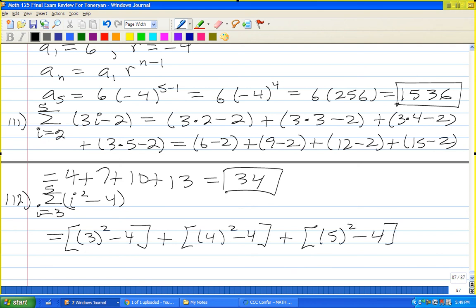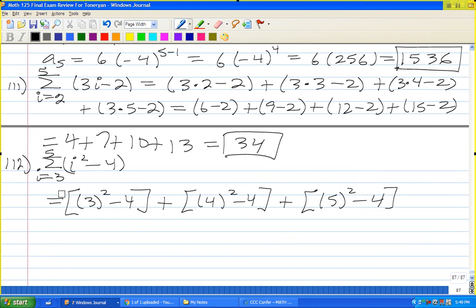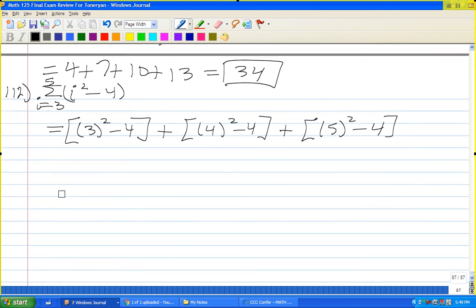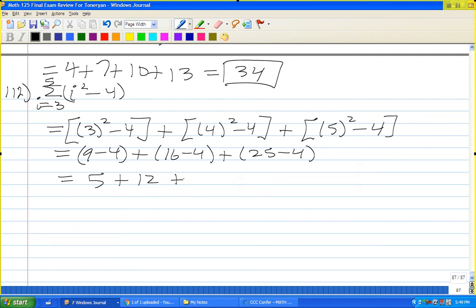Since it says that you want to go from i equaling 3 to i equaling 5, you just want those terms. So this is equal to 9 minus 4, 16 minus 4, 25 minus 4, and so 5 plus 12 plus 21 is 38.